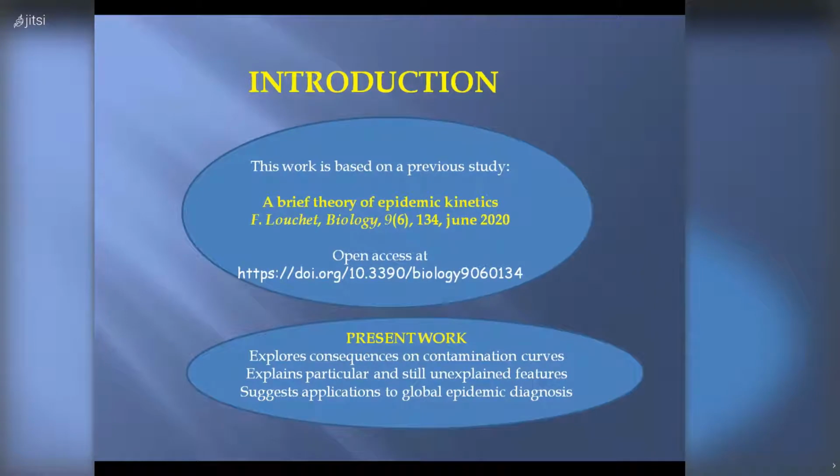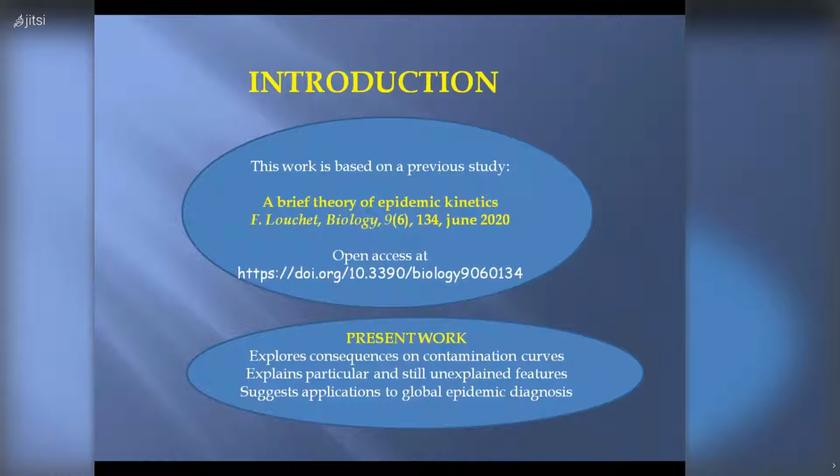Okay, so in introduction, this work is based on a previous study I published last year, A Brief Theory of Epidemic Kinetics, published in Biology in June 2020, in open access. The present work, in fact, explores consequences of this work on contamination curves.